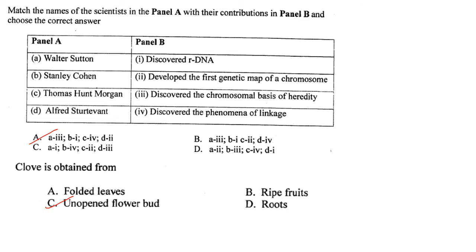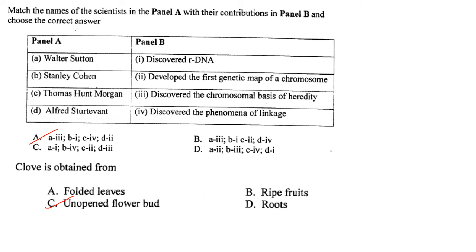We will see for A and B. Then Stanley Cohen discovered rDNA. That is, answer is option B, A. B is I. Then Thomas Hunt Morgan discovered the phenomenon of linkage. So C4. So option A is going to be the right answer. But we will see the other one also.